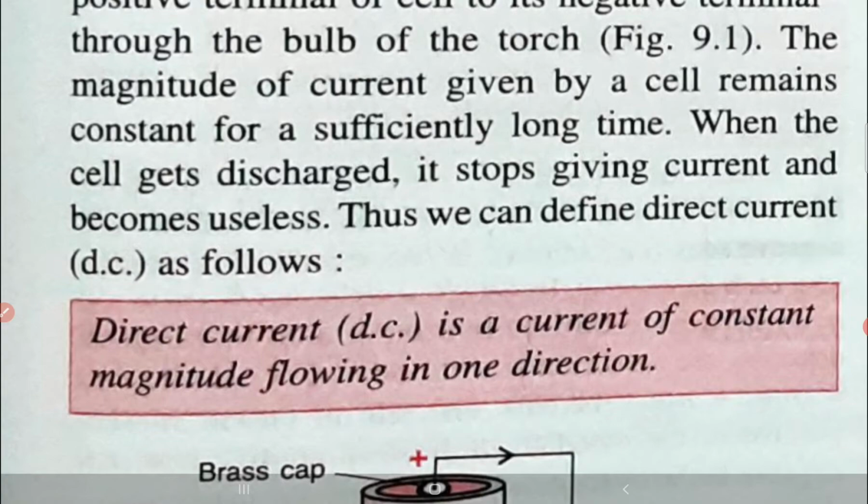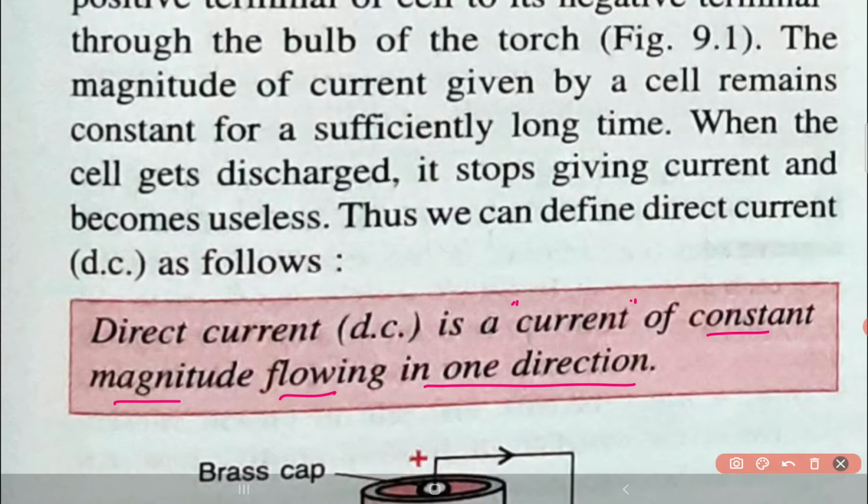We shall discuss this term current in detail afterwards. So direct current is the rate of flow of charges of constant magnitude, that means the value of the current does not change, and it flows only in one direction, that means from the positive terminal to the negative terminal.